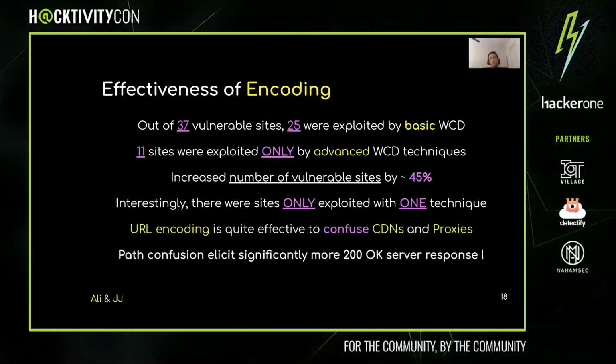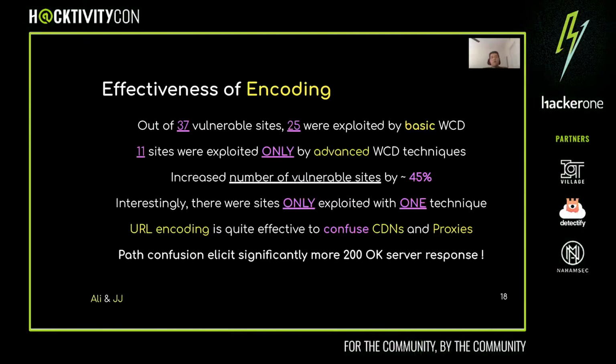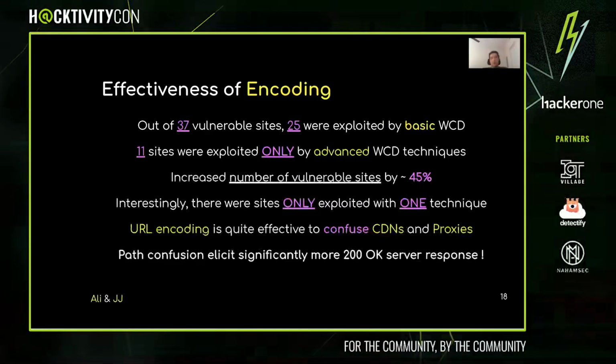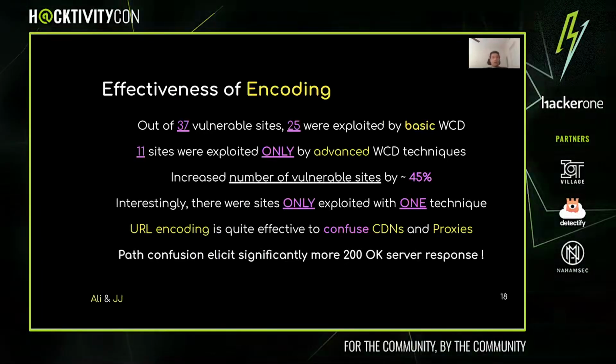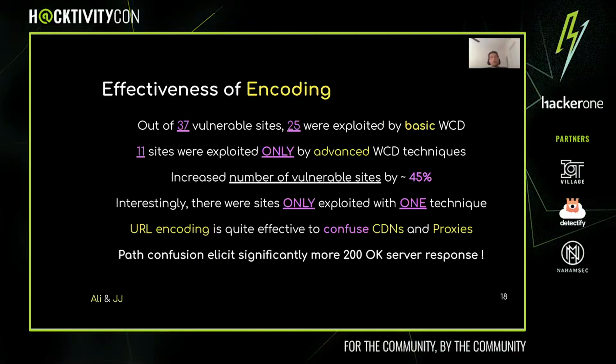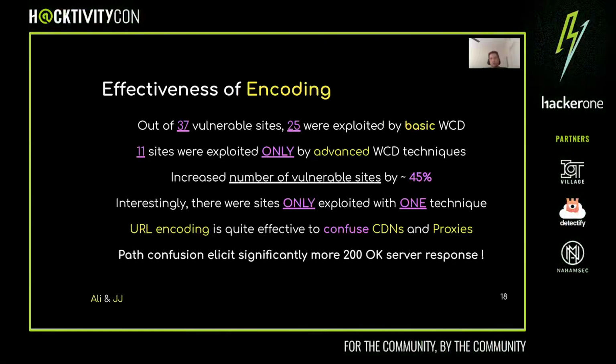It means we discovered an increased number of vulnerable sites by 45% by applying these 4 encoding techniques. More interestingly, we discovered some sites and a couple of domains that were only exploited with one of the techniques.